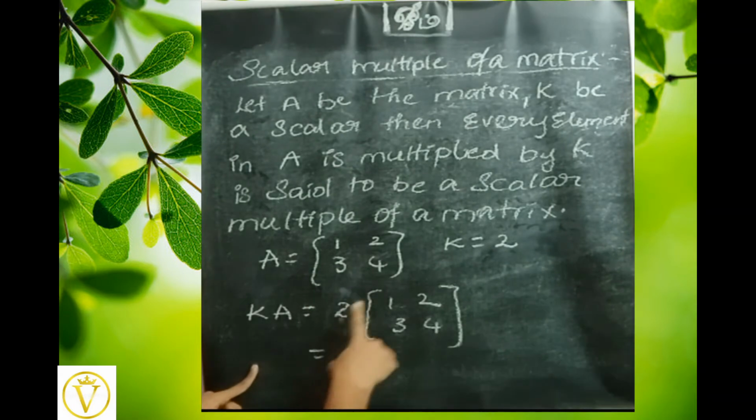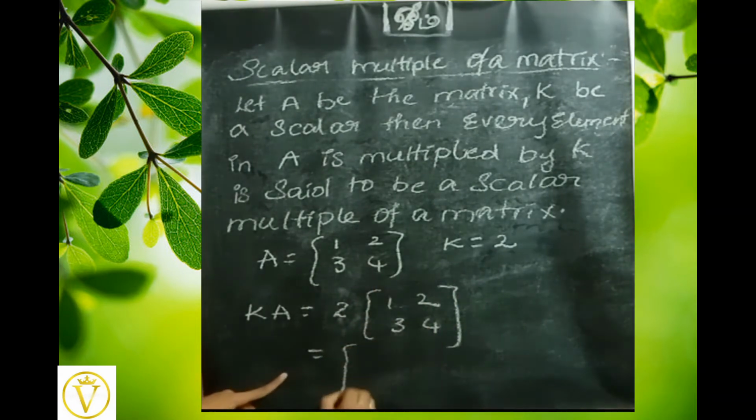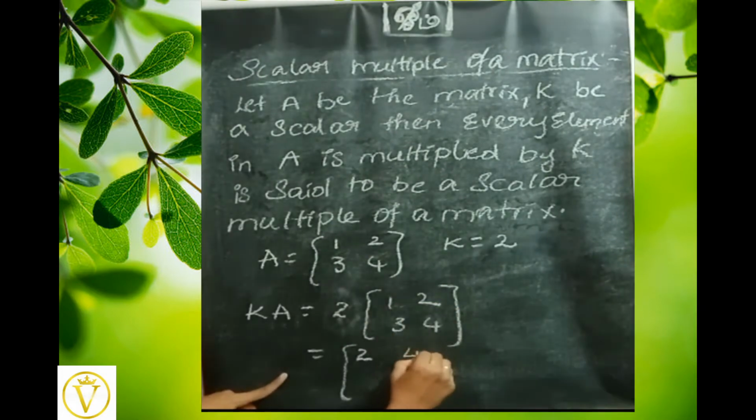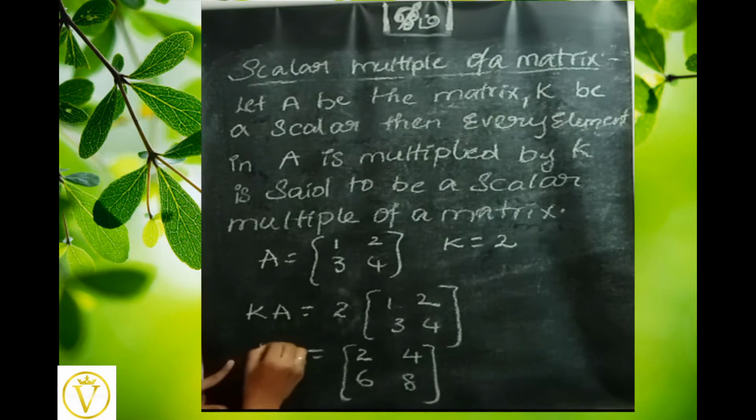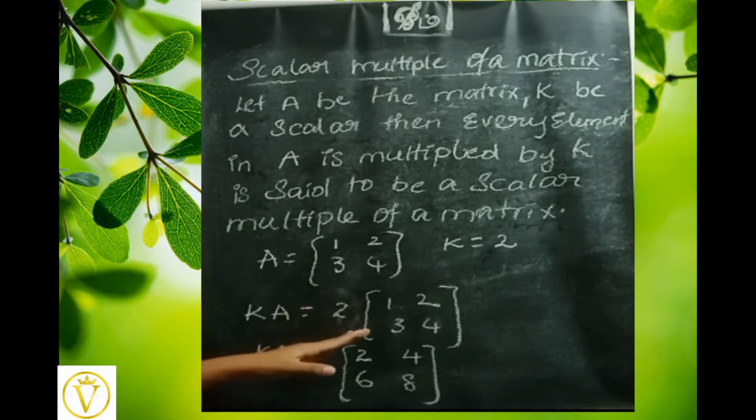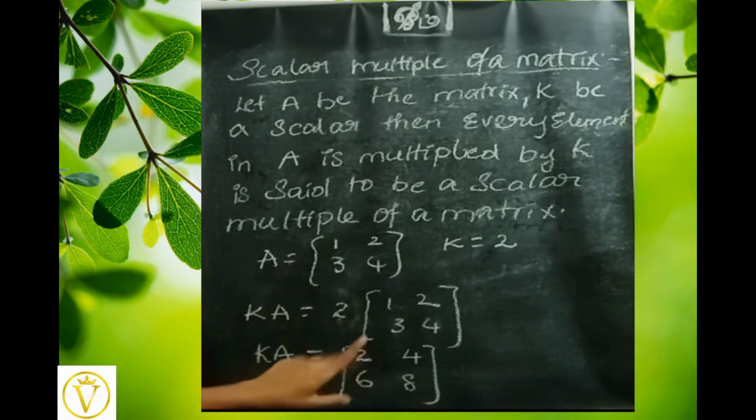So 2 ones are 2, 2 twos are 4, 6, 8. This is the scalar multiple of the matrix. Here the scalar is 2, and it is multiplied with the matrix A. That's it.